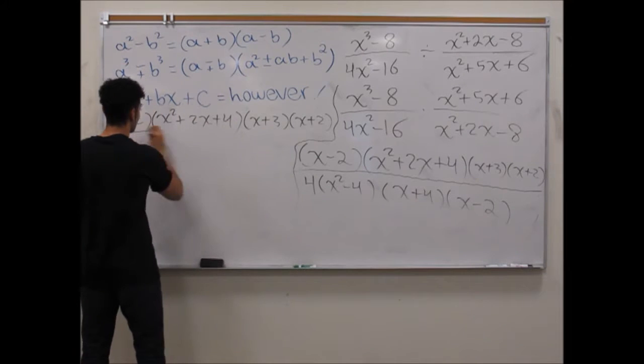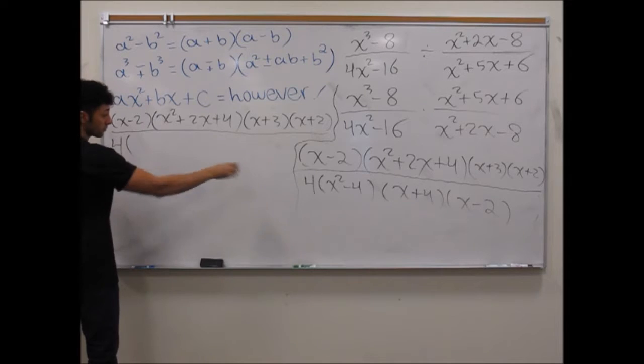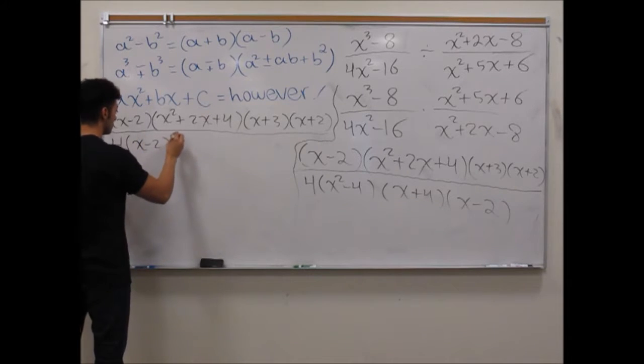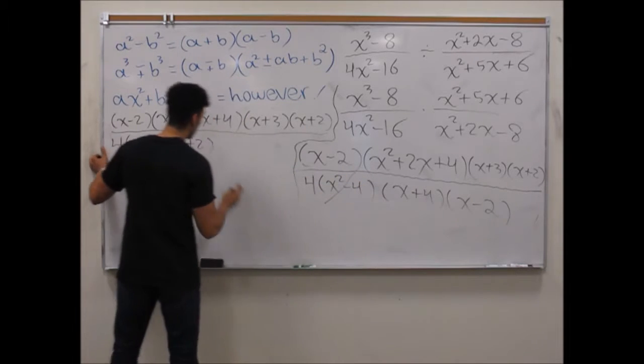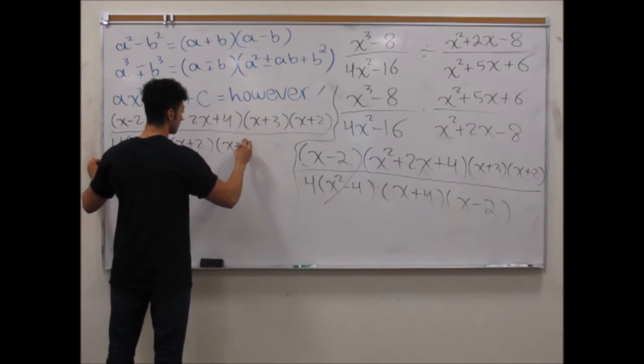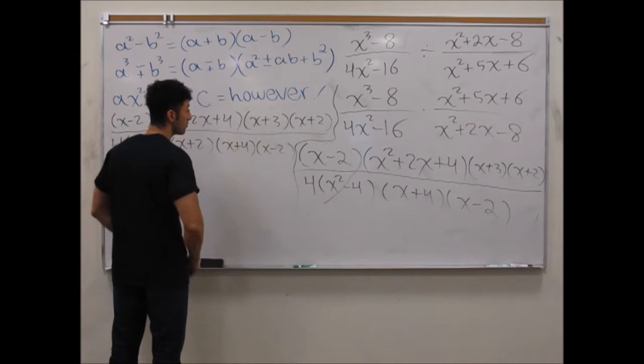And this is being all divided by 4. Apply the difference of squares to get x minus 2, x plus 2 from this guy. And then you got x plus 4 and x minus 2.